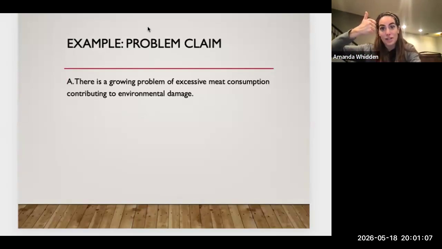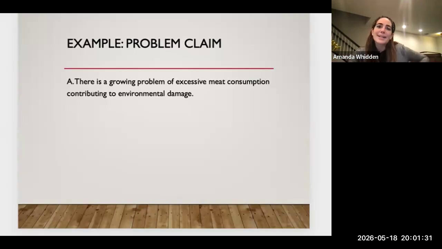People are increasing their meat consumption, and therefore, what? Environmental damage is happening. Notice how this example is direct and specific, and the speaker immediately establishes the issue and frames it as something serious and growing, right? With this idea of damage and environmental and growing problem, all those words work to go together.